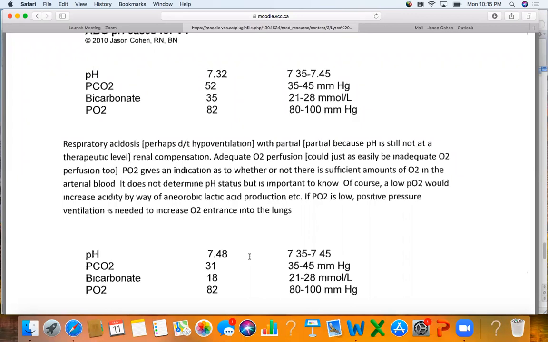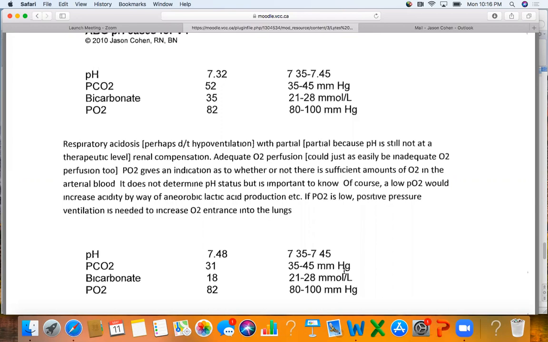The issue that we're looking at now in this calculation is that level of bicarb, 18, a low bicarb, is that driving the body more towards acidity or more towards alkalosis? Well, bicarb is basic in its nature. So if the body's level of bicarb is lower than what it naturally has, 21 to 28, it's pushing the body towards something more acidic.